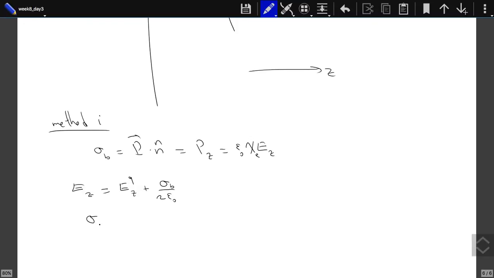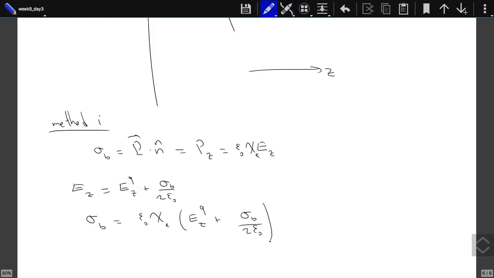So the bound charge density is nothing but epsilon 0 chi e times Ez due to the point charge Q plus sigma b over 2 epsilon 0.